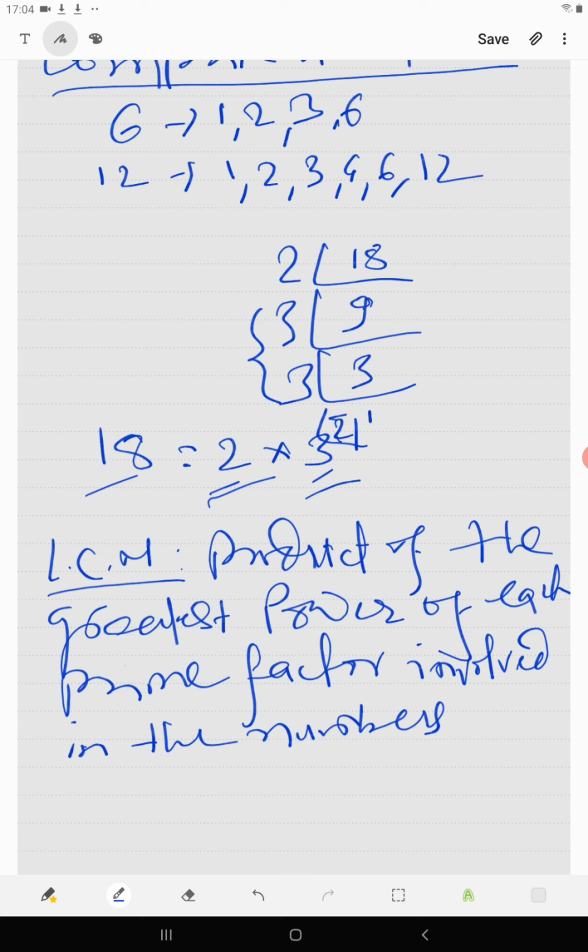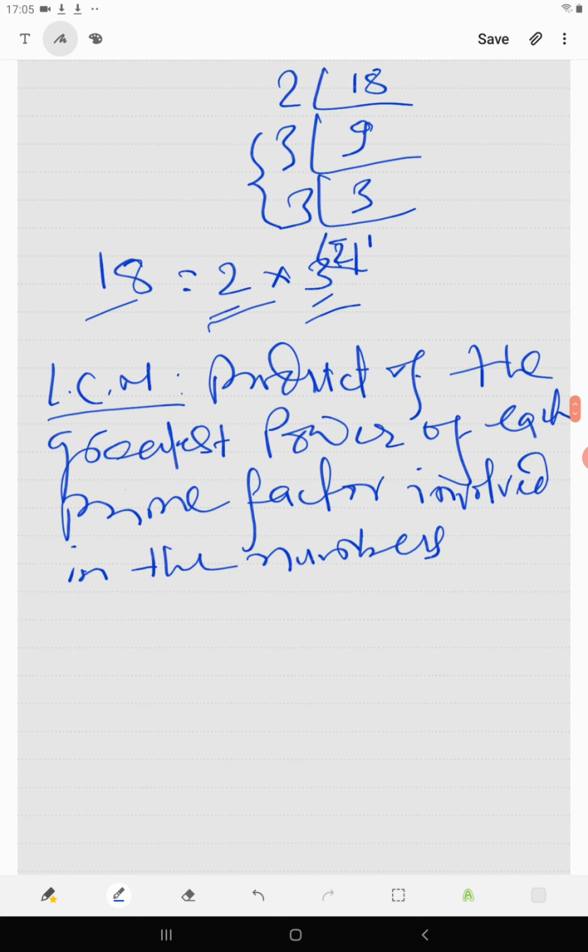What I told, LCM is the product of the greatest power of each prime factor involved in the numbers. So let's take two numbers.